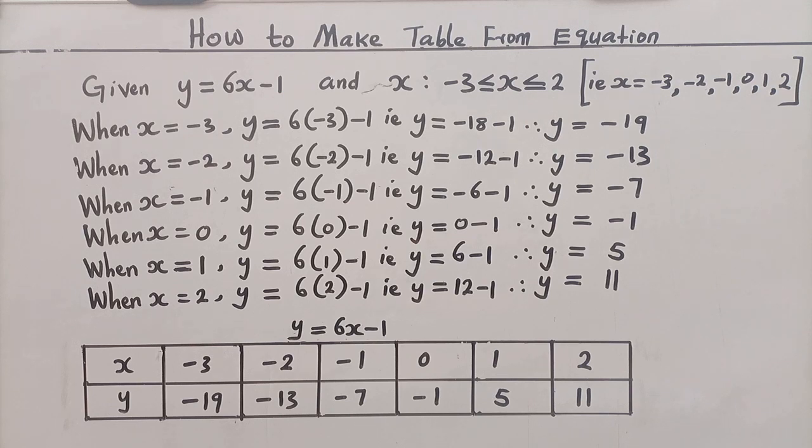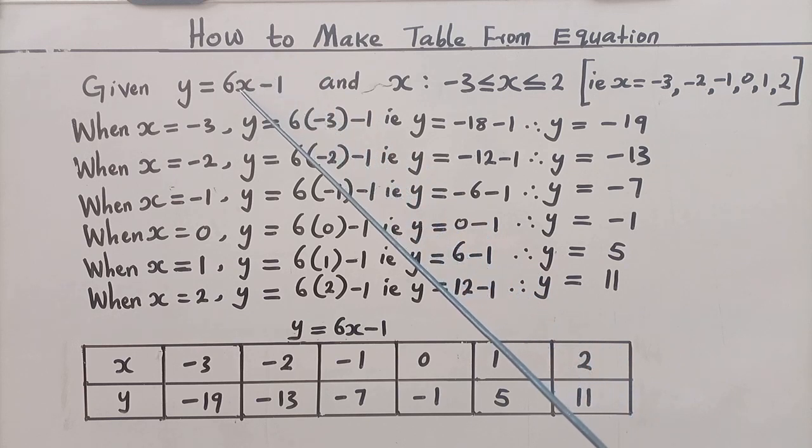Now, what is next? To make a table, we start making substitutions for x. Since x is not one value, there are up to 6 different values of x: 1, 2, 3, 4, 5, 6 different values of x. 6x minus 1 is equal to y.